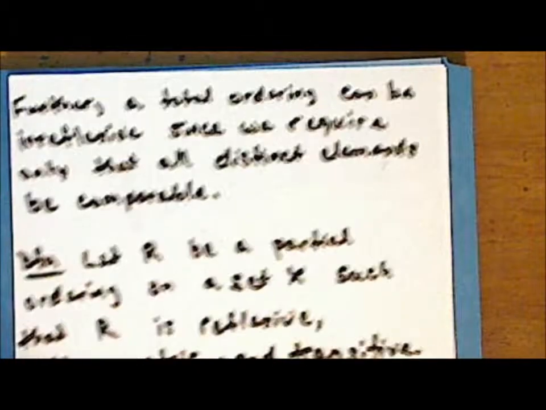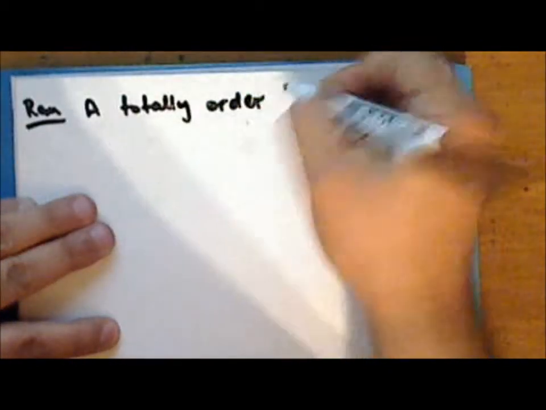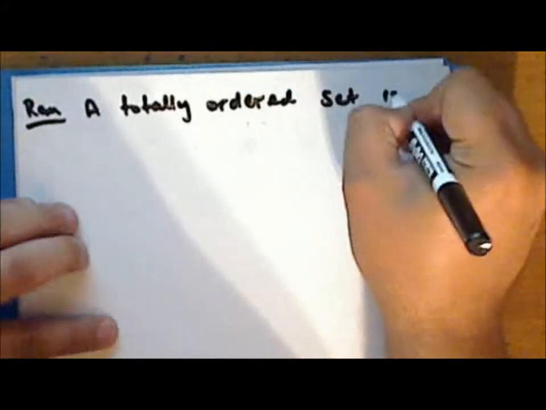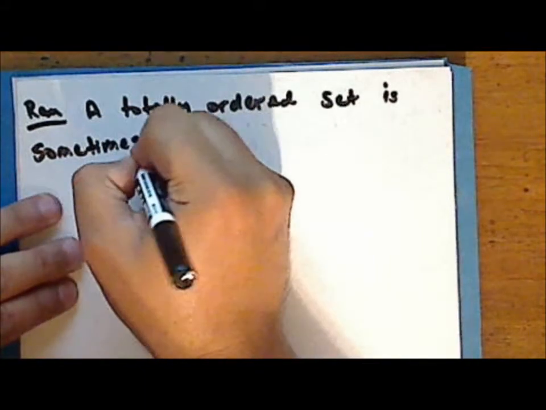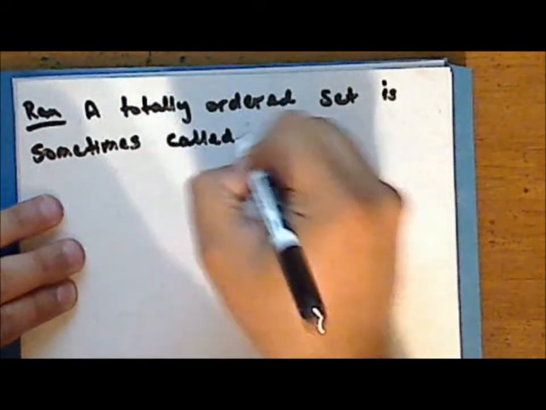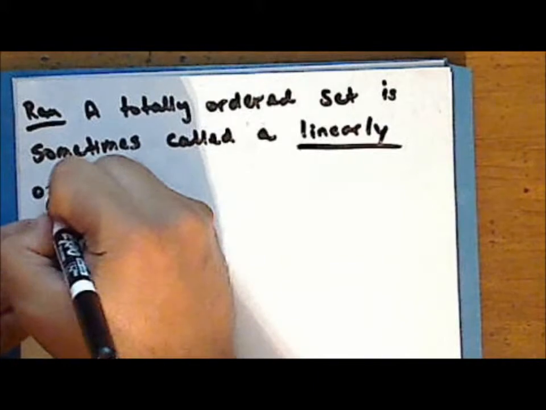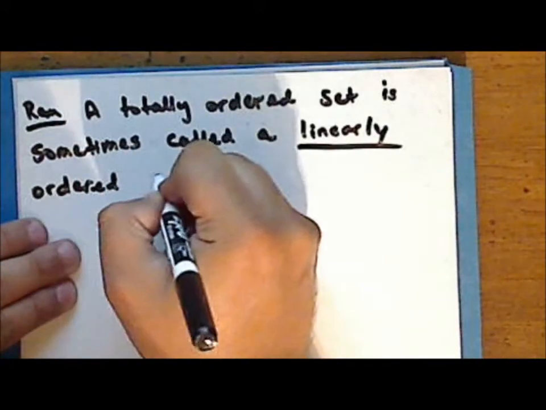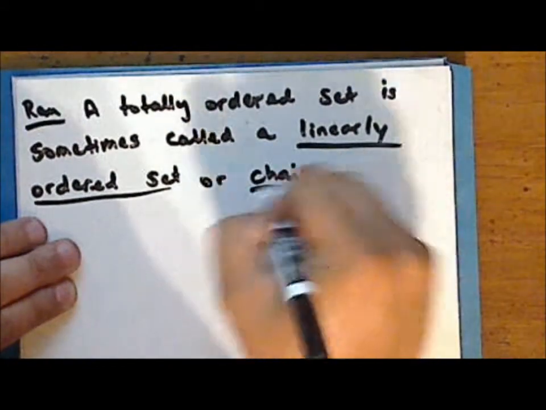And there are two other terms to be familiar with for a totally ordered set. A totally ordered set is sometimes called a linearly ordered set, or also sometimes called a chain.